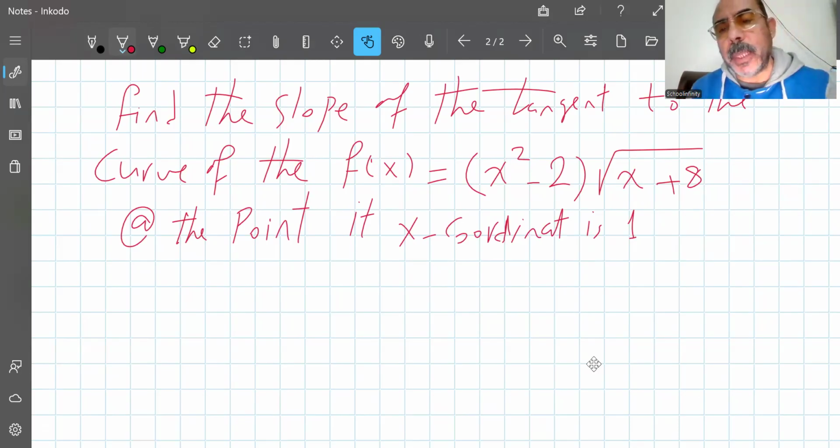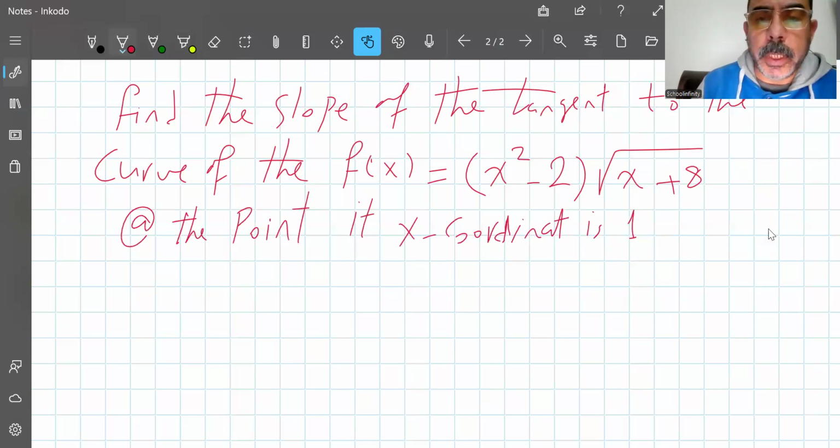As we know, the slope of the tangent of the curve we can get by using the rate of change. So you must find the rate of change of this function at x equals 1. And we see that f of x is a product of x squared minus 2 and square root of x plus 8. We can never simplify f of x to get the f prime. So to get f prime, we must follow the product rule.